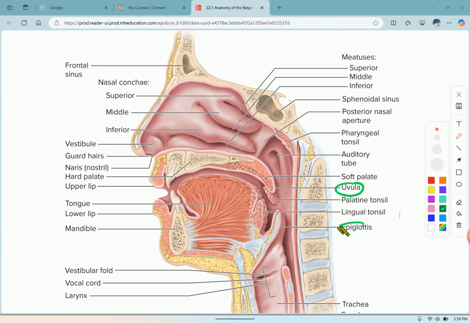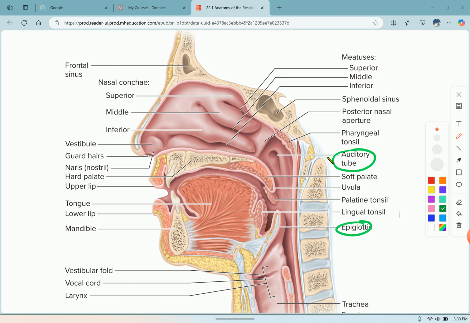The epiglottis covers the trachea on swallowing, and the uvula will actually close off to try to prevent food and fluid from going up and out the nose. That's a reflex, to have the soft palate close off that passageway.